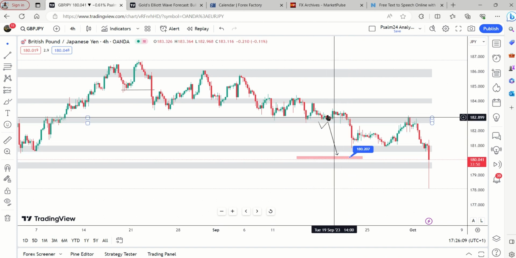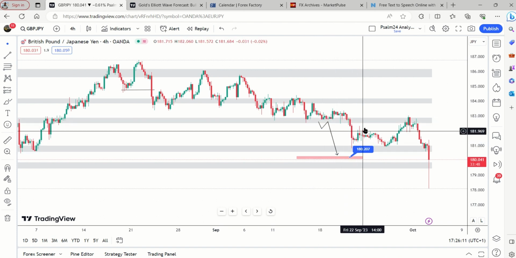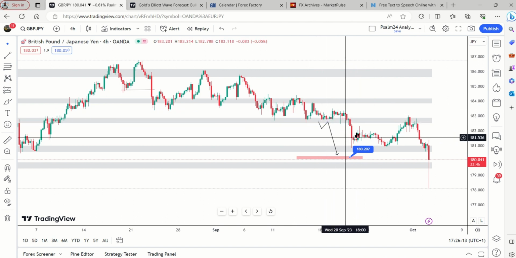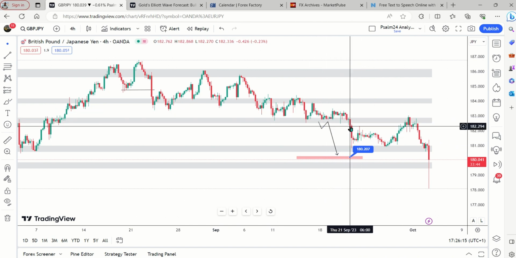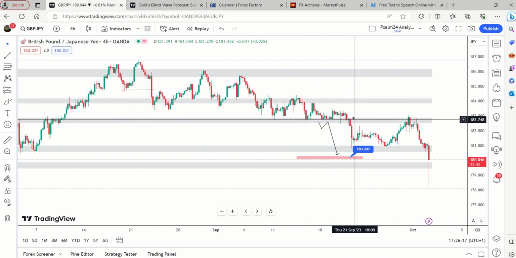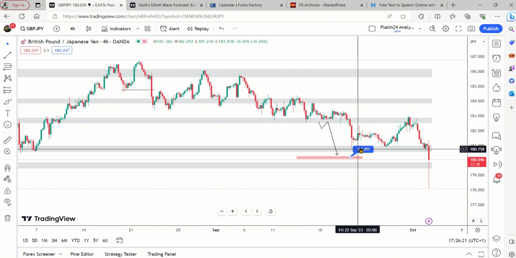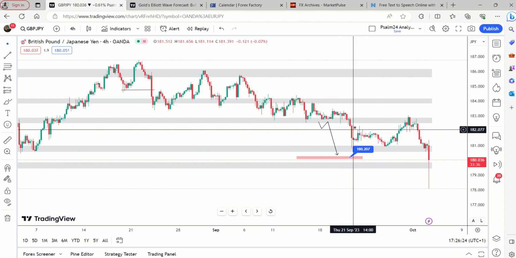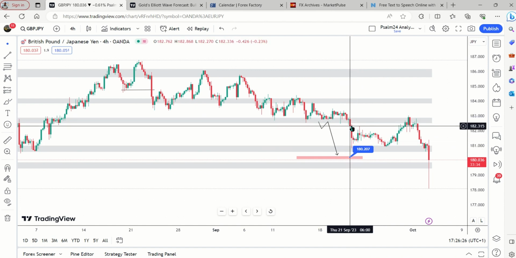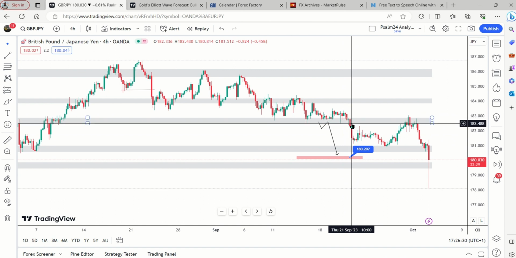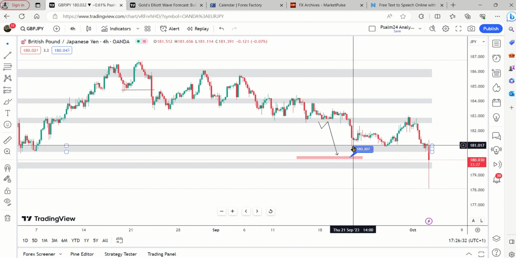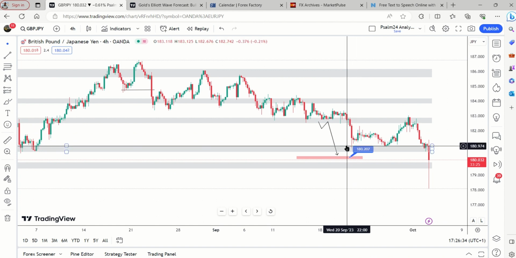And we said we need to see a break and retest. What happened was that we had a break of that support zone and the market went down. It got rejected here. For most of our subscribers on the VIP channel on Telegram, we caught this move to this point and we closed partial.